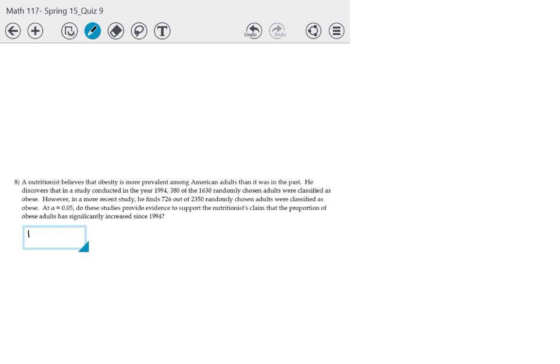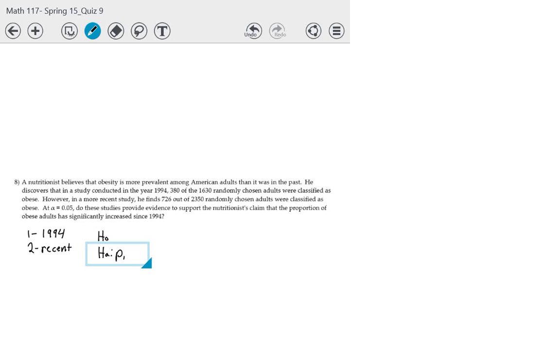So first thing, I'm going to define some notation. I'm going to define 1 to be 1994, so that way, when I say N1, N2, I know what I'm talking about. So 2 is going to be recent. Okay, and then next, I'm going to define my H0, HA.